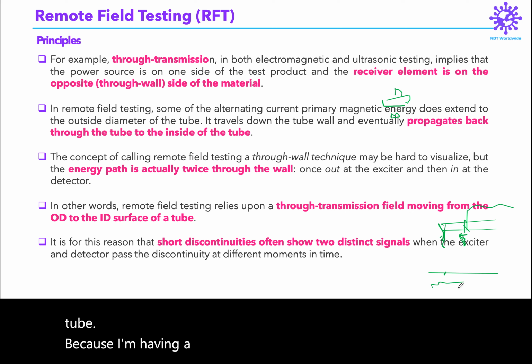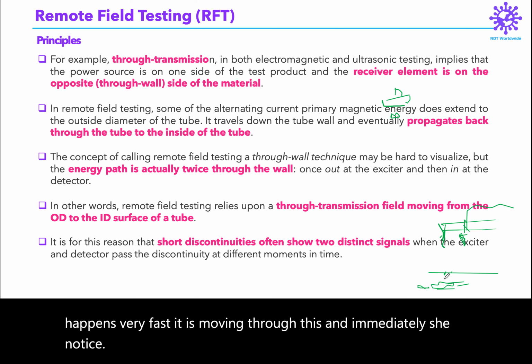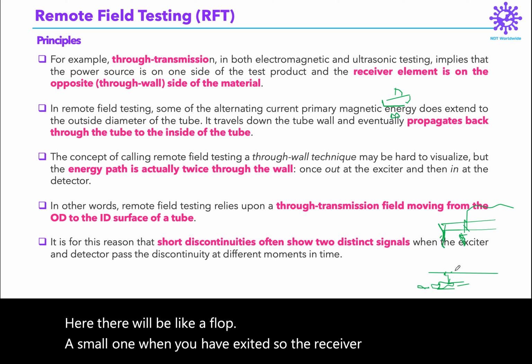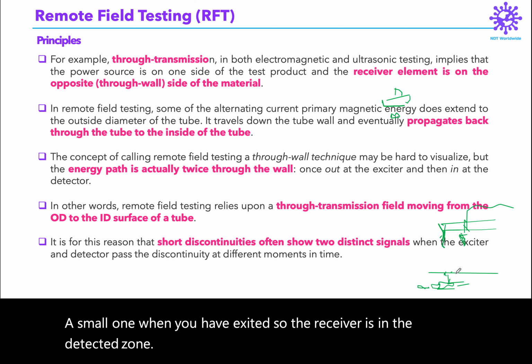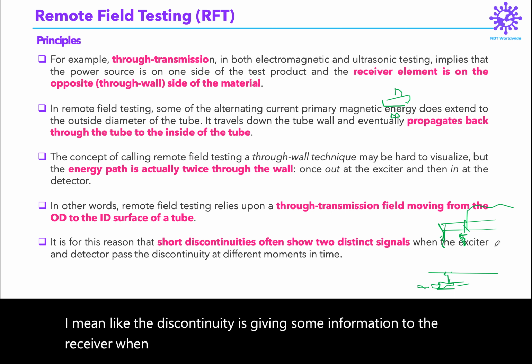When you pass the tube, it is moving very fast through this, and immediately you notice there will be a small flaw. When you have the exciter, the receiver is in the detector zone. I mean the discontinuity is giving some information to the receiver. When the detector also crosses, you may get another indication.